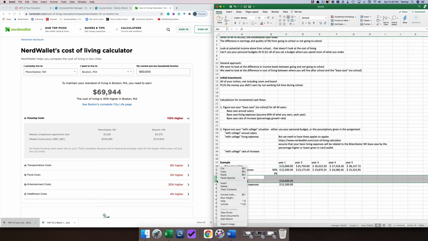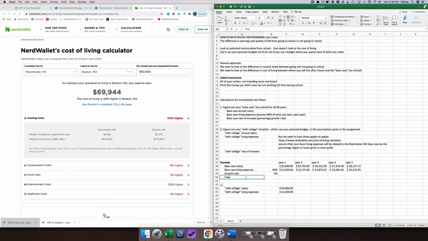Let's put another row in here, and we're going to say free cash flow. So it's going to be salary minus living expenses. Right. So it's going to grow like that.